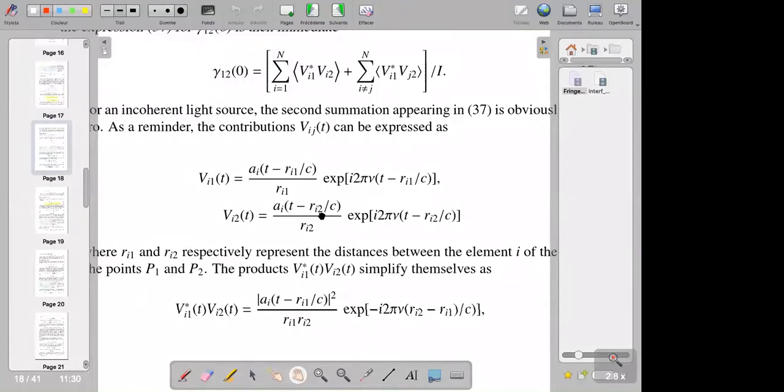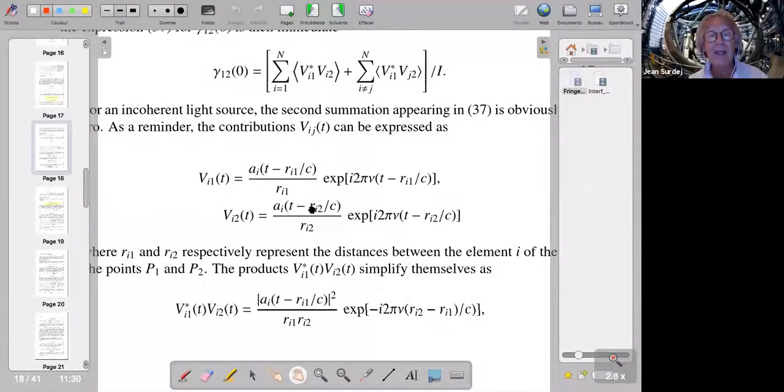So if the difference between these two lengths is much smaller than the coherence length, I know that the amplitude will be about the same, and I will have the right to say that Ri2 here is about equal to Ri1. Since I take the complex conjugate and multiply it by this one, I would end up with the modulus squared of this quantity.